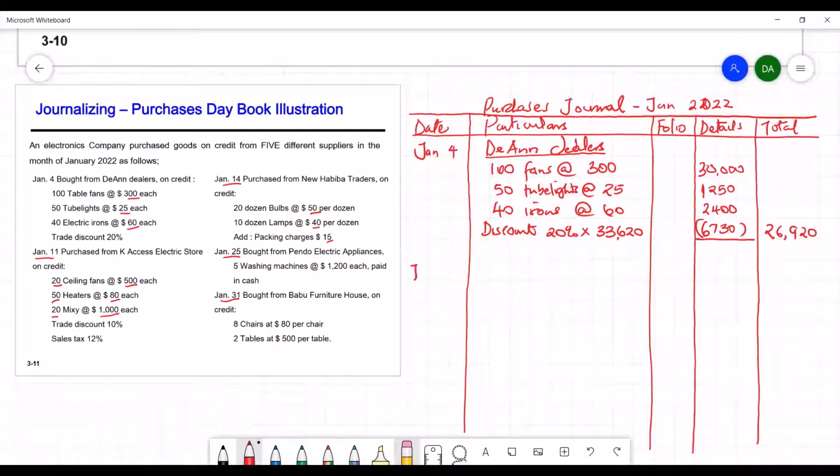The next transaction is on January 11. The following items were purchased on credit from K Access Electric Store. First one being 20 fans, selling fans, at $500 each, and that will give 10,000.